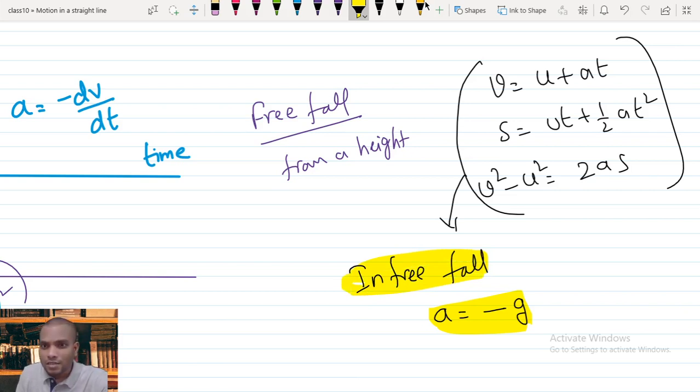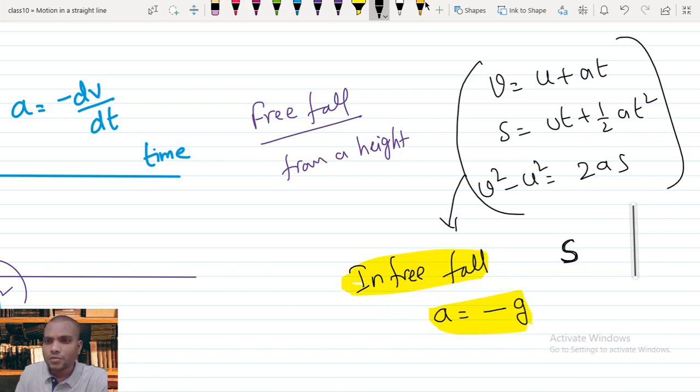The rest of the terms we do not change, but one quantity I would like to change is s, which we define as displacement. In the y-axis we define displacement as the shortest distance between the initial and final position.